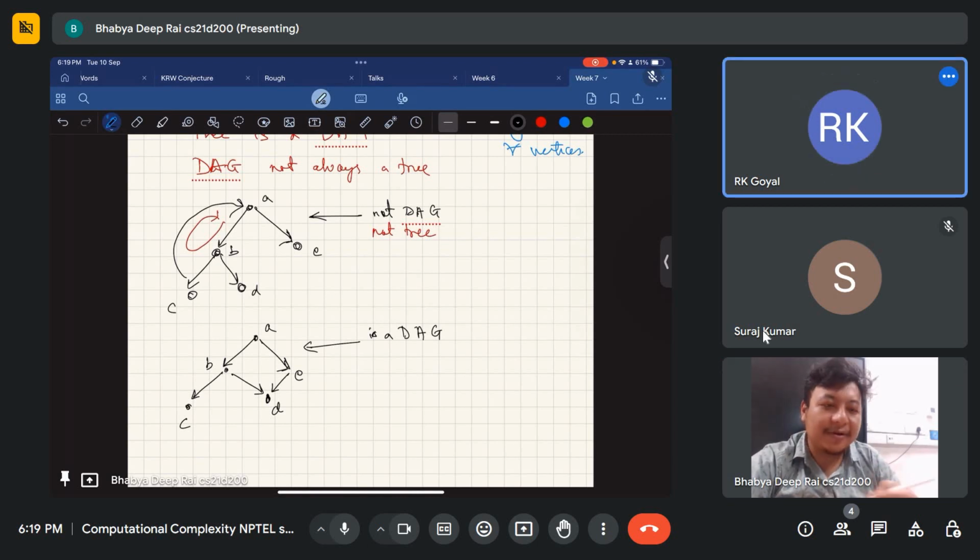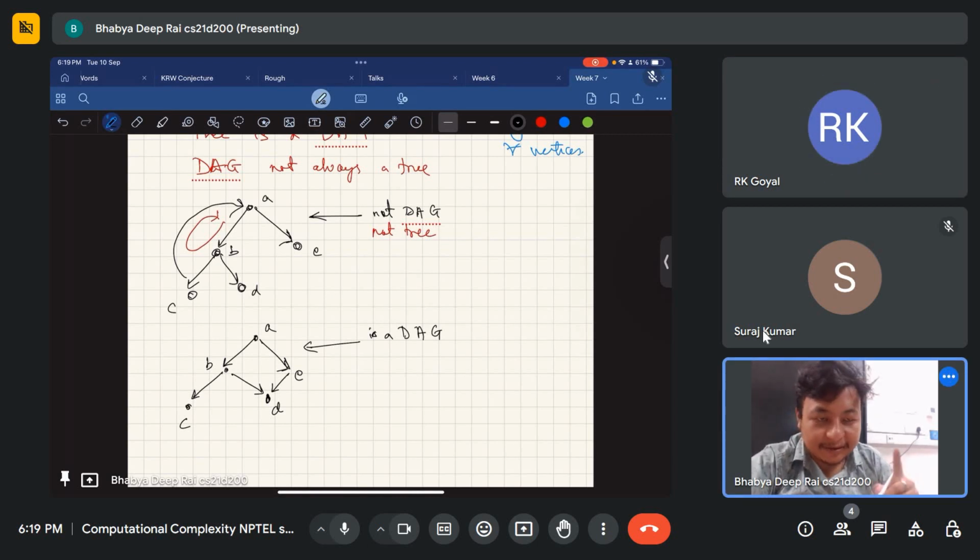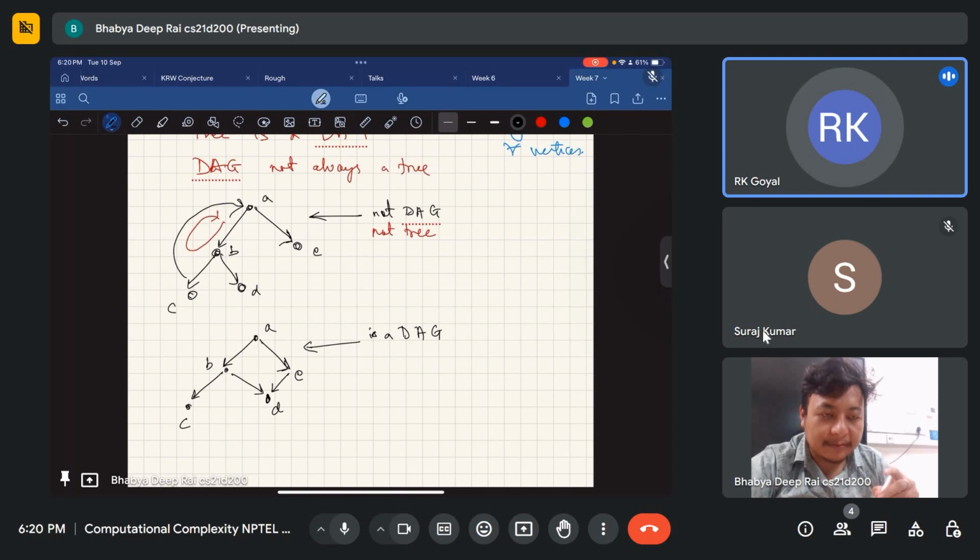Or in other words, in your definition also, it is not true that for every vertex there is a unique path between them. And why is the in degree more than 1 here? Because for the vertex D, the in degree is more than 1. Yes, I understood. Okay.